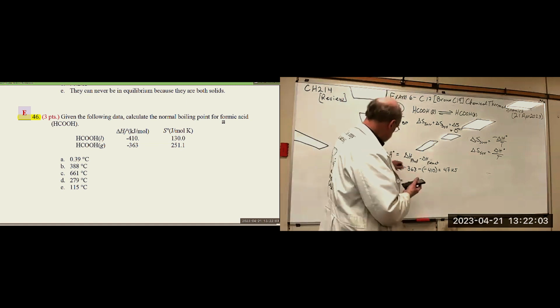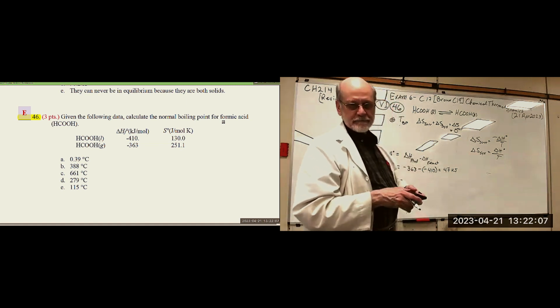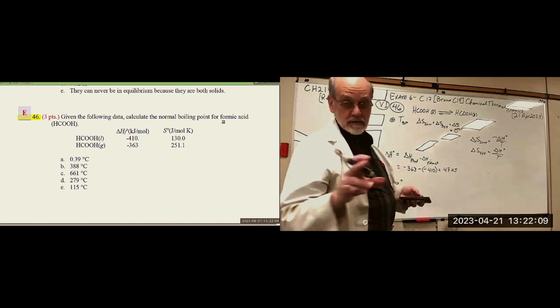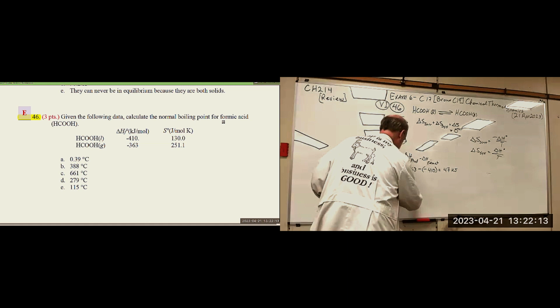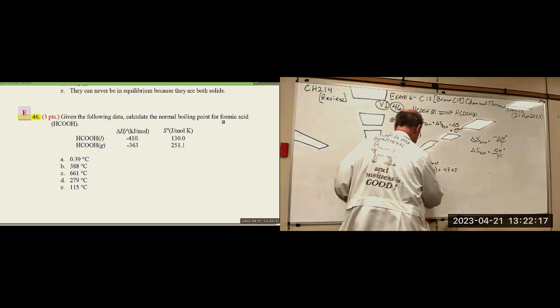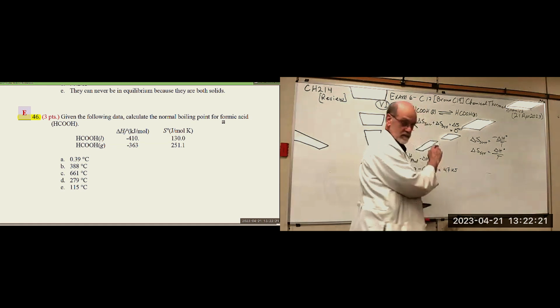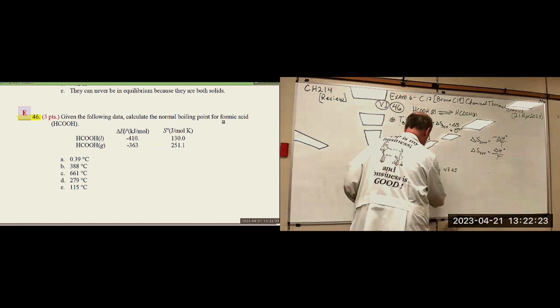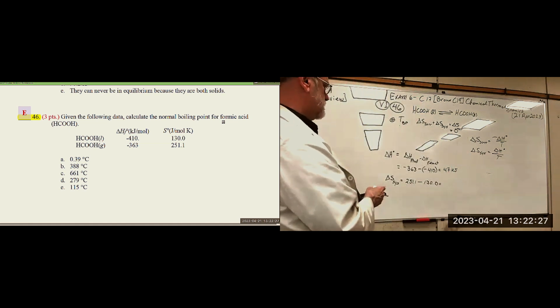And that would be a similar design here, except just substitute S for each one of these. So that would be 251.1 minus 130.0. Is that right?